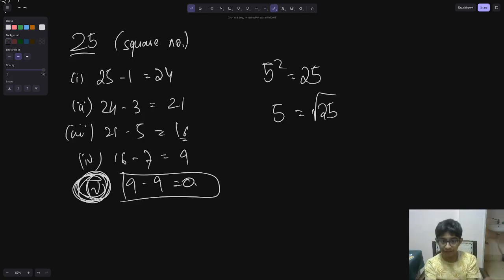Square root of 25 is 5 because 5 square is 25. The square root of 16 is 4 because the square of 4 is 16. So it's like a reverse question. If n square is x, then what is the square root of x? n. That's how you should do it. Okay, so it's a reverse question.